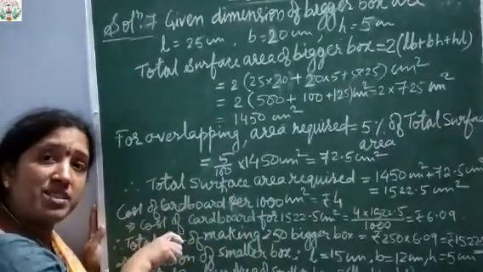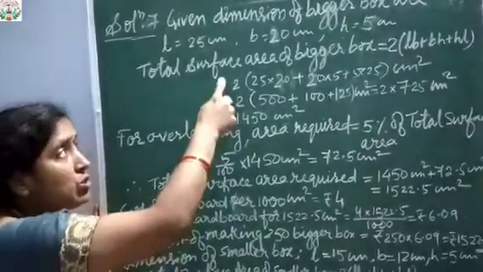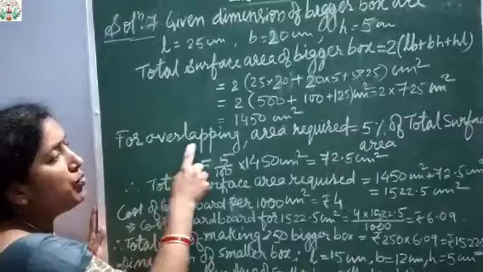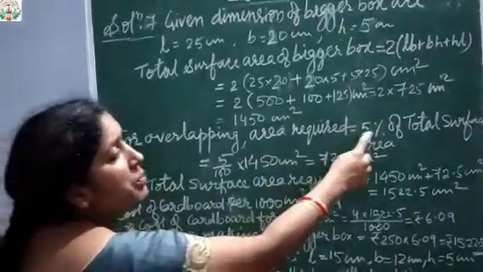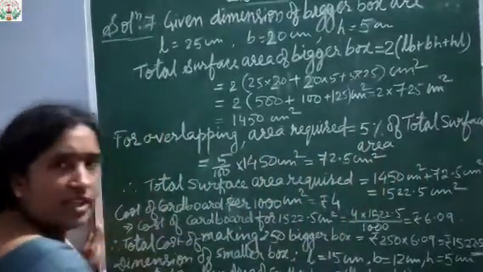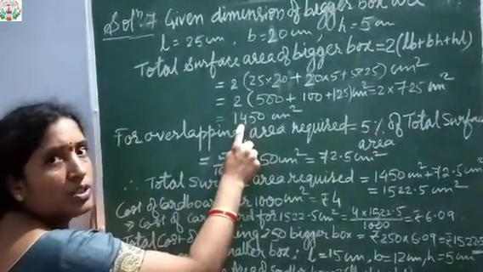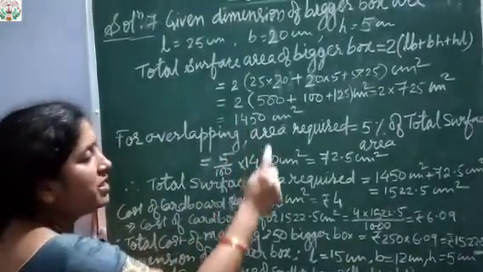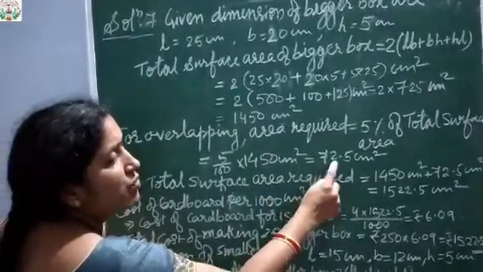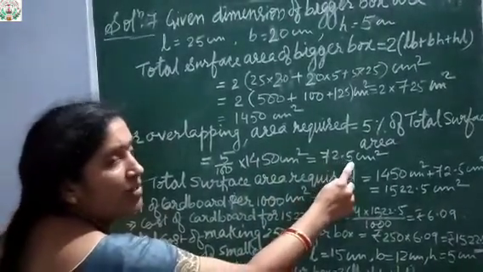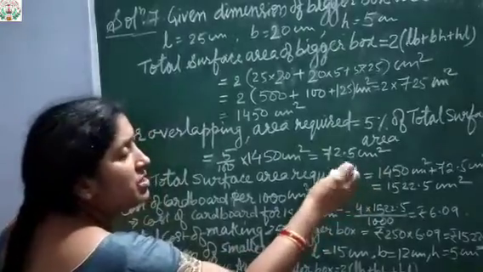Now overlap is there, 5% of the total surface area. So the overlapping area required is 5% of the total surface area, 5% of 1450, which equals 72.5 cm square. So this is the overlap.